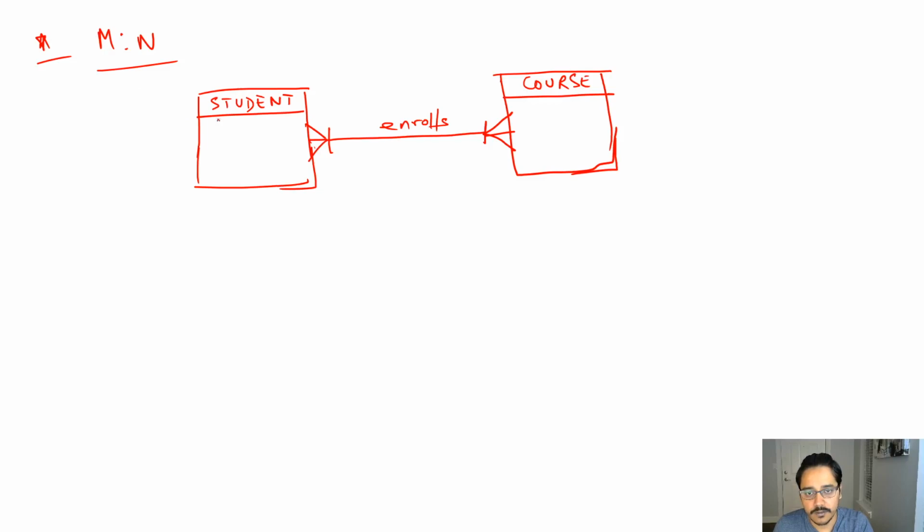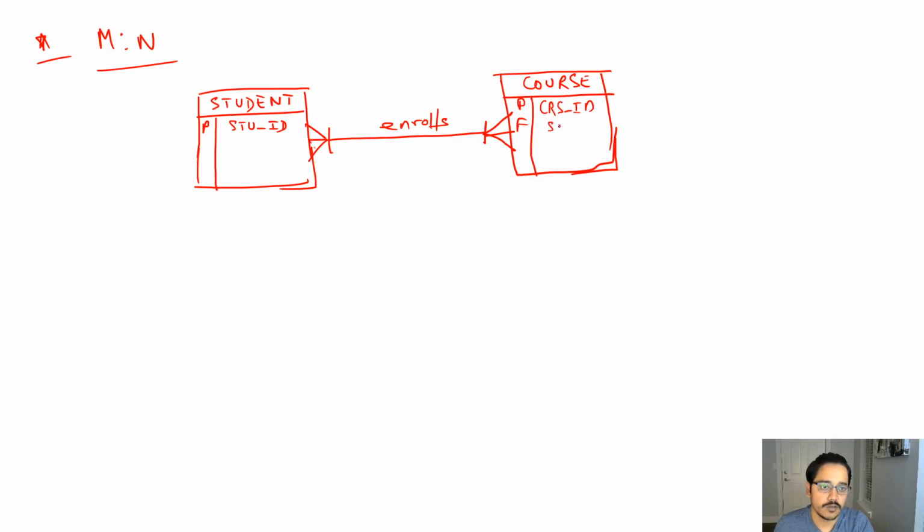So now here, let's say the primary key is student ID, and here the primary key is, let's say, course ID. So now if student enrolls for courses, you might think that student is the driver of this particular relationship type, so I will embed the foreign key of student and place it here.